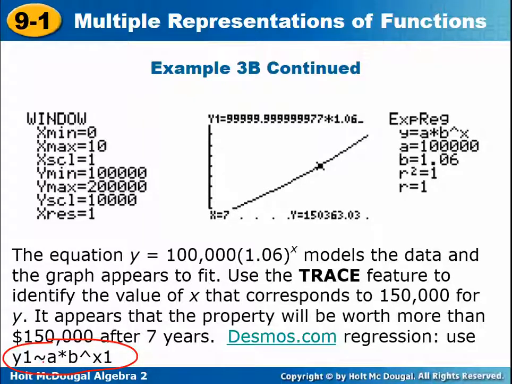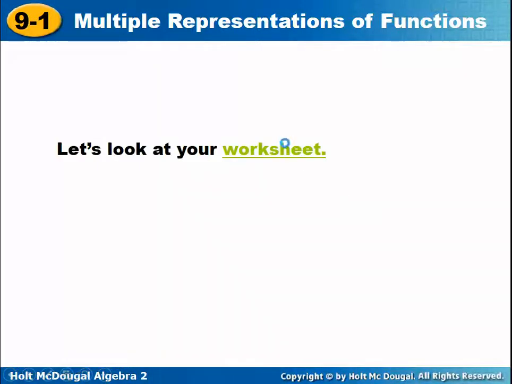Y sub 1 is similar to A times B to the X sub 1. And we find that exponential pattern does match it, and you'll trace it along until you find 150 on the graph when y is equal to 150,000. So when you get to 150, actually it's right here, then you'll know, and it says x is 7. And we'll look at one of these on your worksheet now.